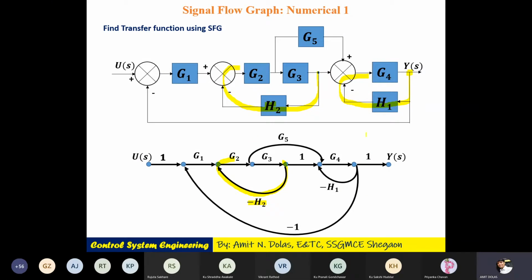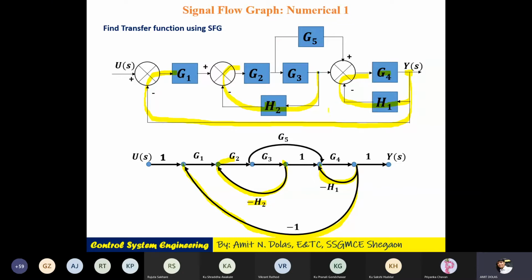So the branch with gain G4 has one loop, and minus H1 is the value. Here is the loop. And there is one more from the output with gain equal to 1. Minus sign, so -1 is written; H1 and H2 are not there. It goes into G1.